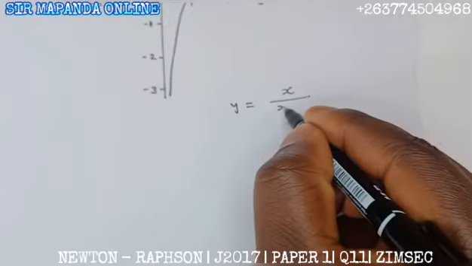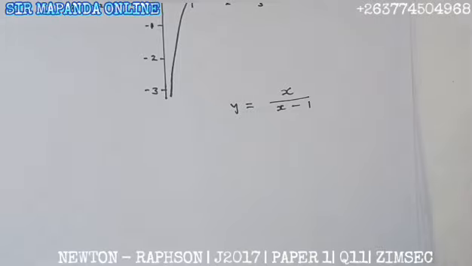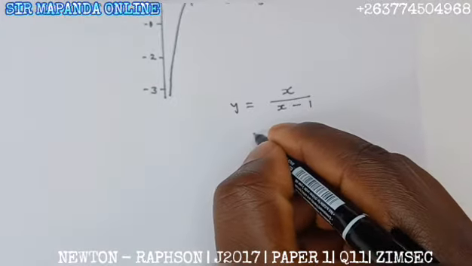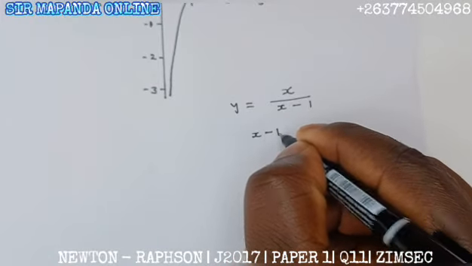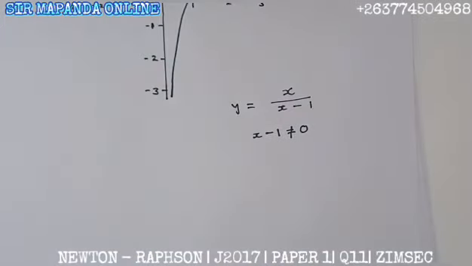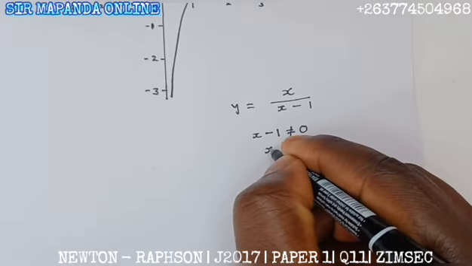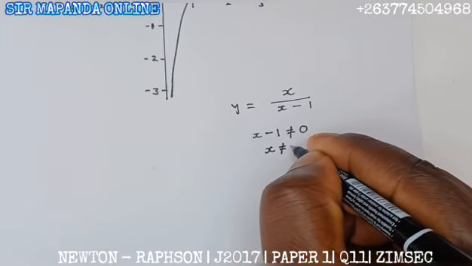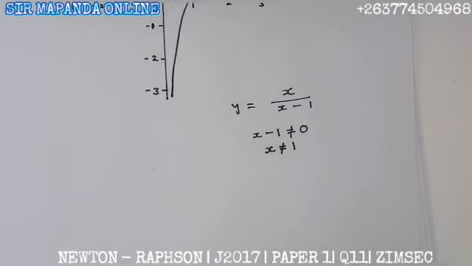y is equal to x over x minus 1. We have two asymptotes for this graph. The first asymptote is to acknowledge that our denominator x minus 1 is not allowed to be equal to 0. 0 cannot be a denominator. So if we move minus 1 to the right side, you get x must not be equal to 1.